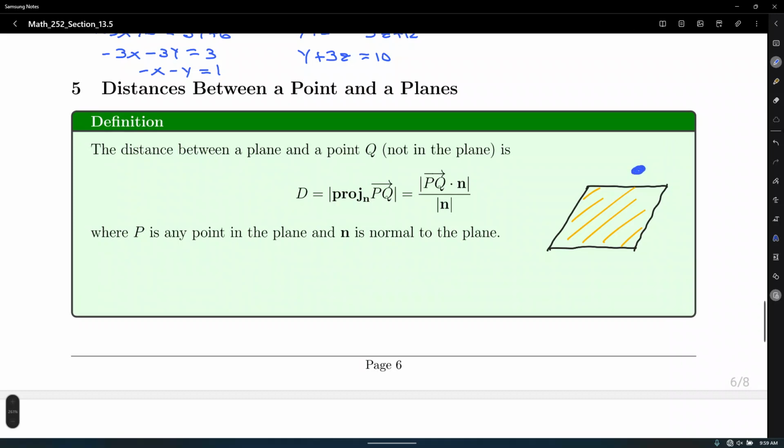So that's the point right here. Let me call it Q. It's actually labeled as Q. Also, what else is there on the plane that I forgot to draw here? What's there on the plane? P.